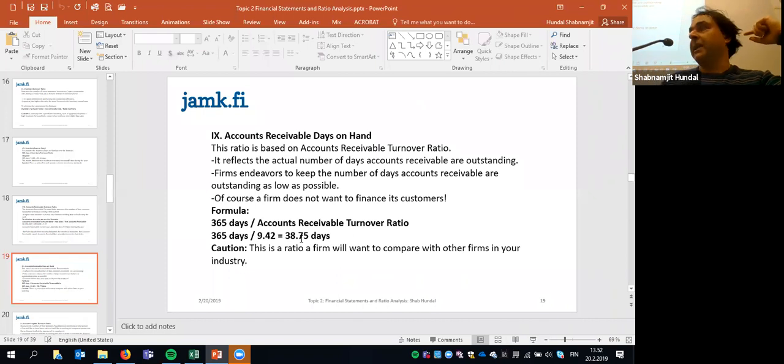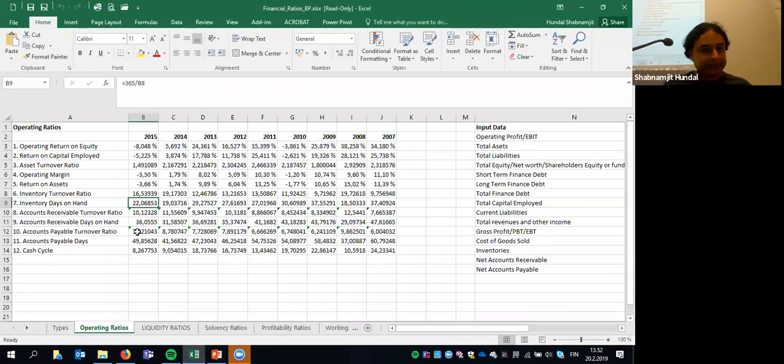And when we test the real-life situation, BP, we find out that on an average, BP's customers make BP wait for 36 days before they pay.